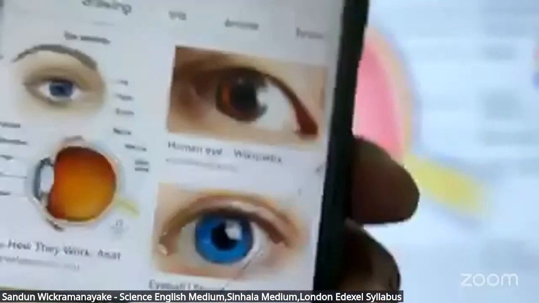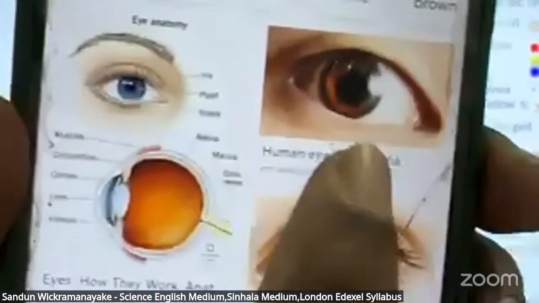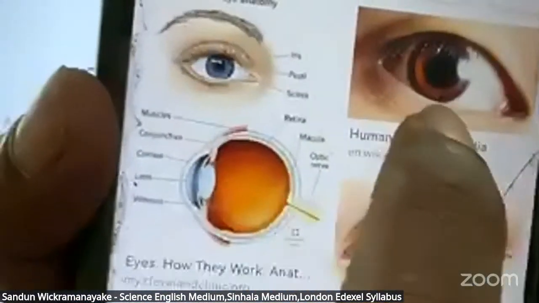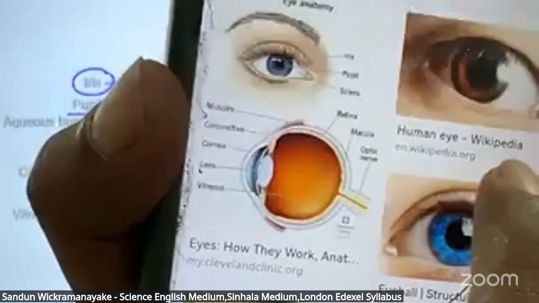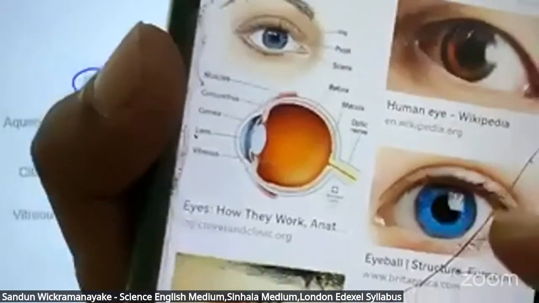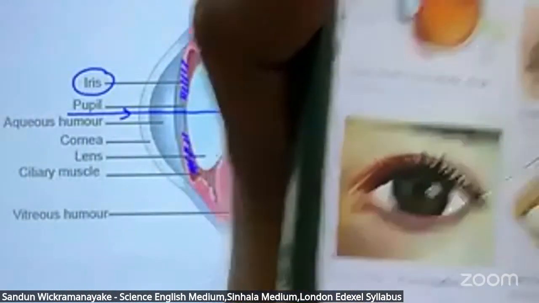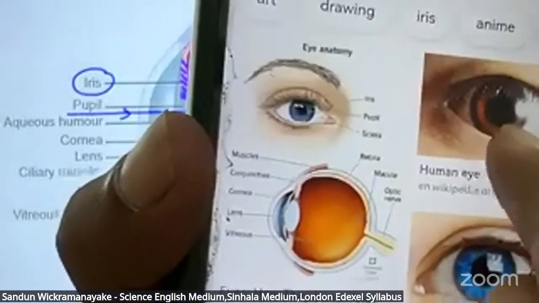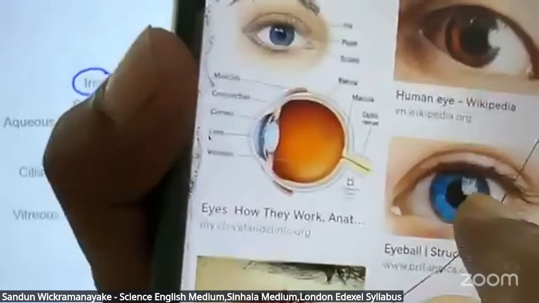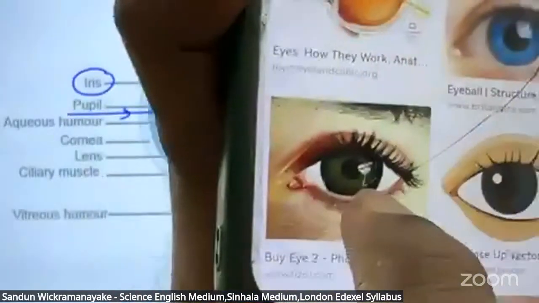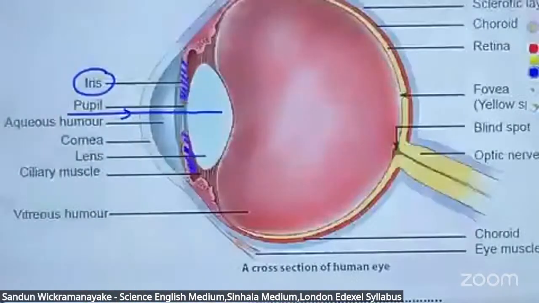But all of these human eyes contain brown color, blue color, or green color, or black color. But this hole, this one called the pupil, that's a black color hole, right?